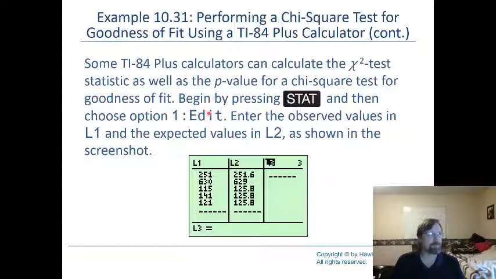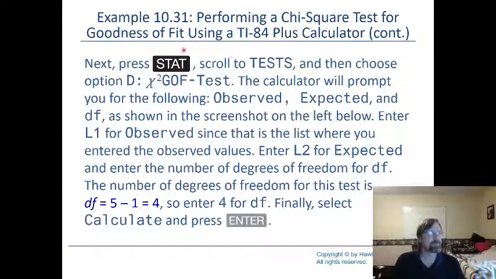So we can enter our data. They're putting the experimental values in variable 1 and the expected values in variable 2 here. They're selecting the goodness of fit test, GOF for goodness of fit. We'll calculate, it will prompt you for observed, expected, and degrees of freedom.